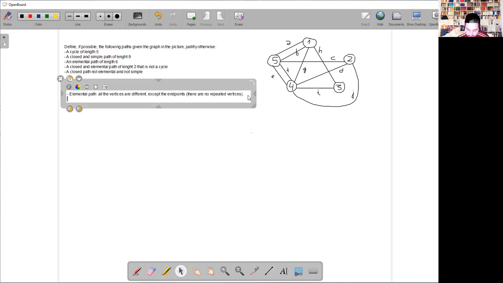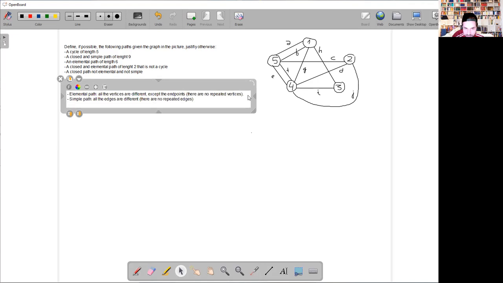Then we have a simple path, which is the path where all the edges are different, so there are no repeated edges. So as you can see, it's more or less the same thing, but with the edges instead of the nodes.